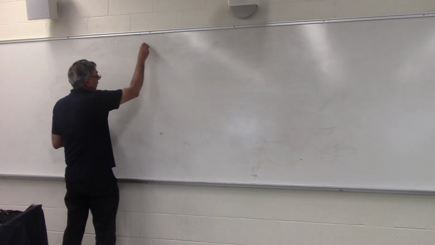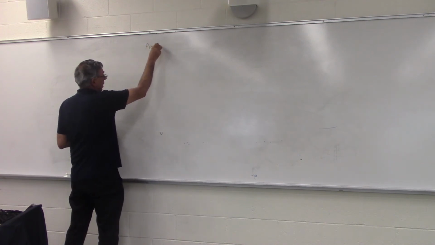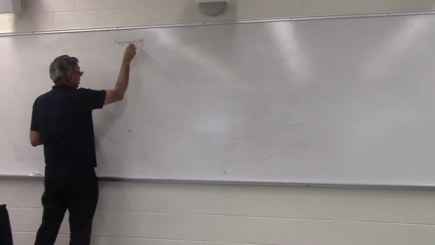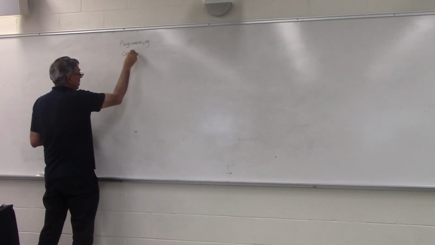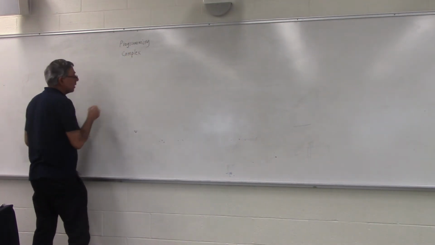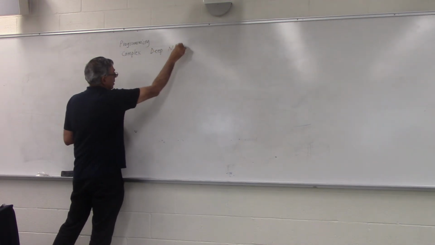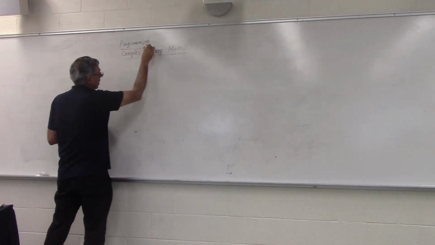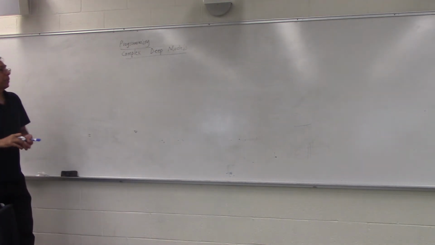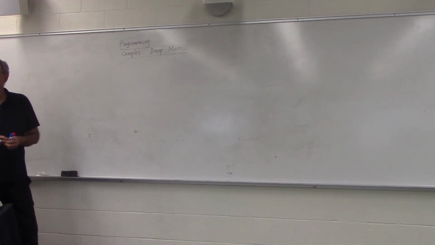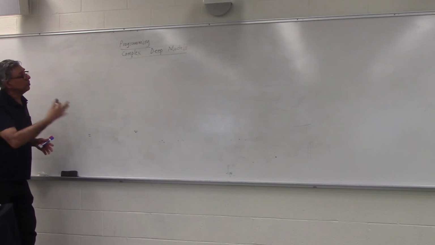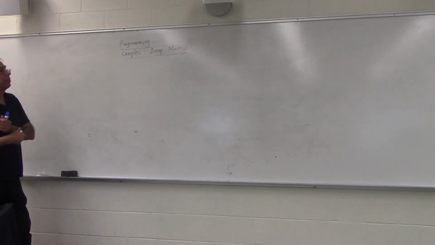Okay, so now let's take a look at programming. We want to be able to come up with our own new deep learning models and evaluate how good or bad they are, right?